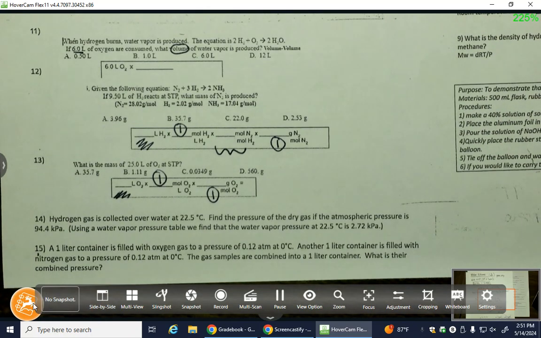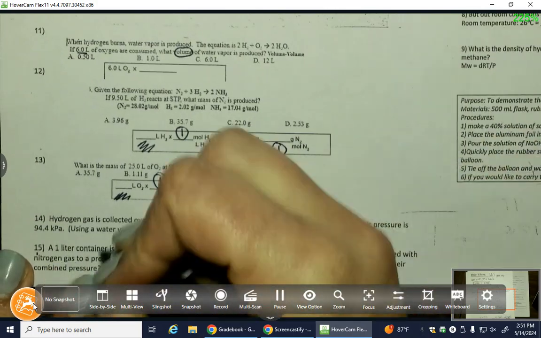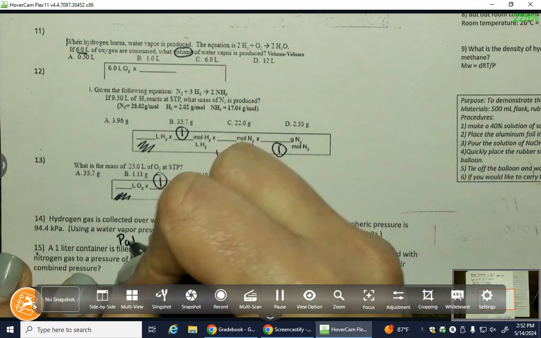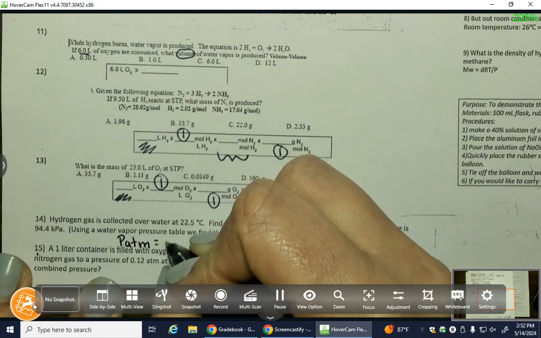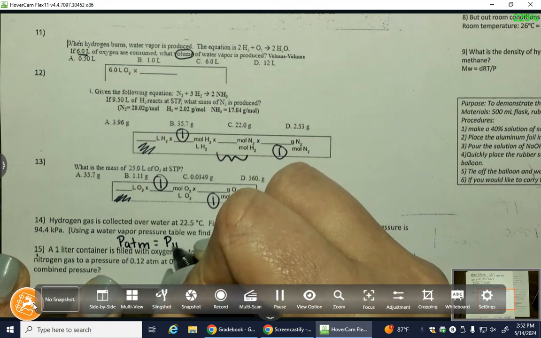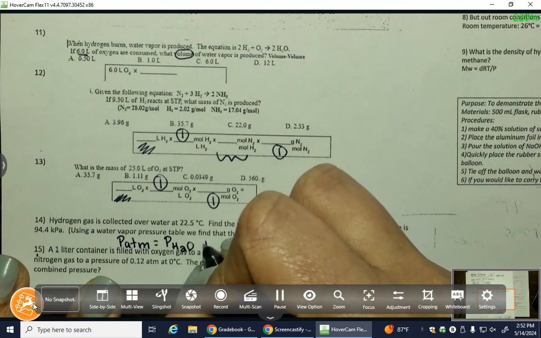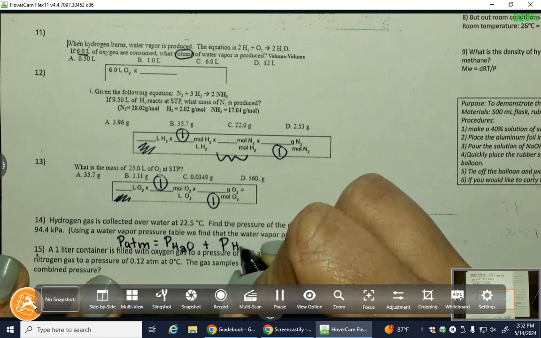So what is the pressure of the hydrogen gas? You're using the whole idea that atmospheric pressure has to equal both your water vapor pressure plus pressure of your gas.